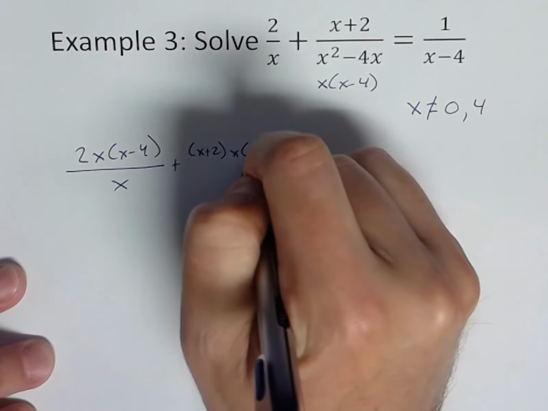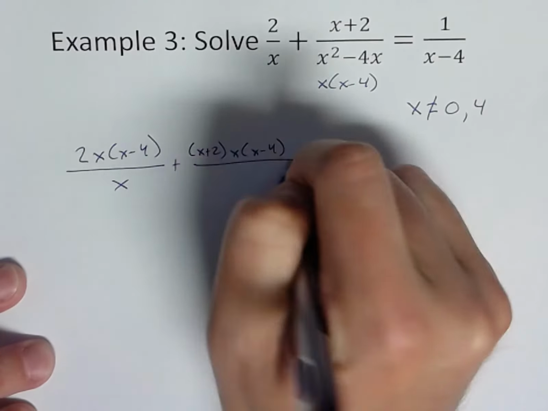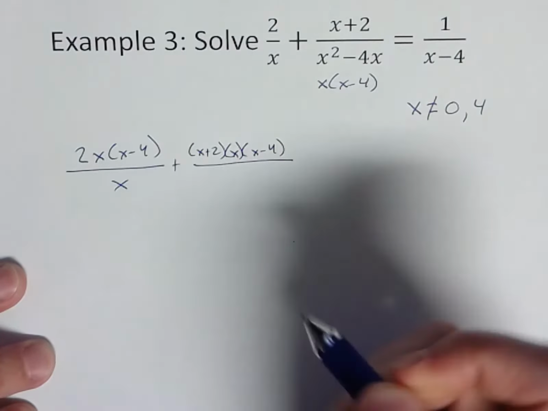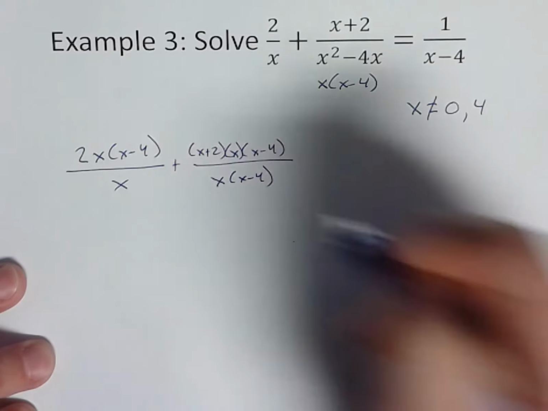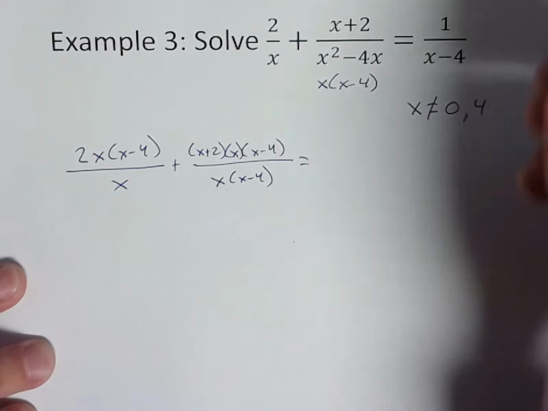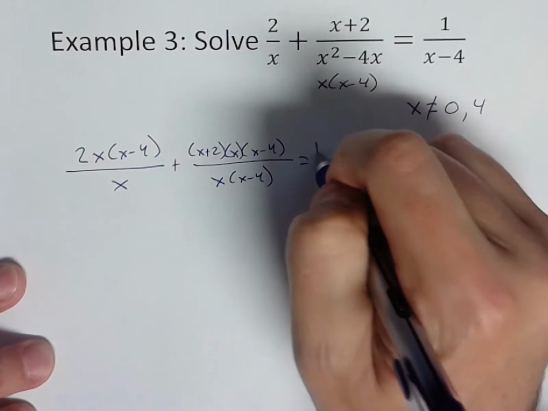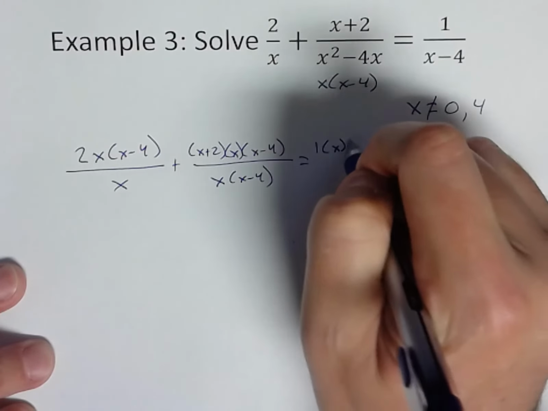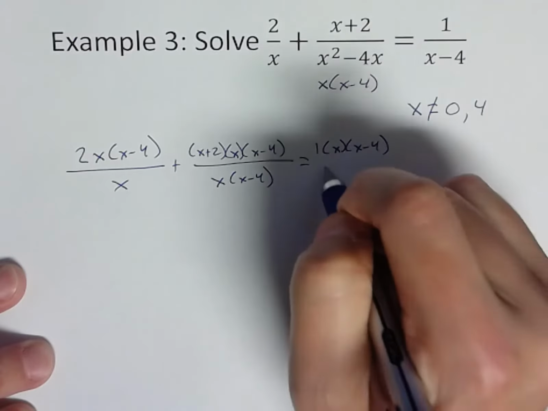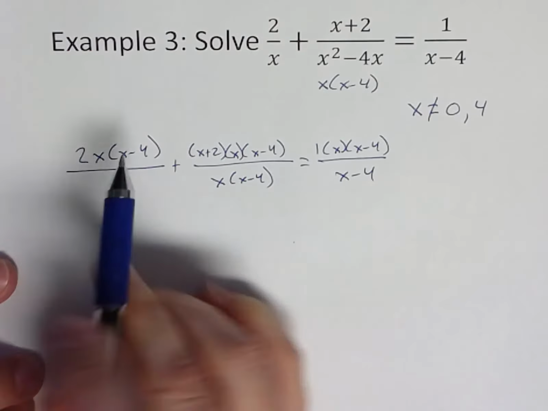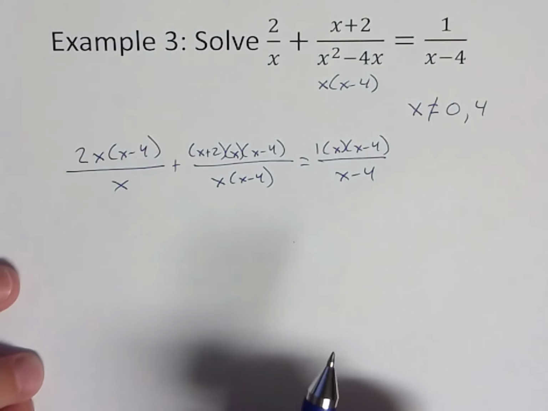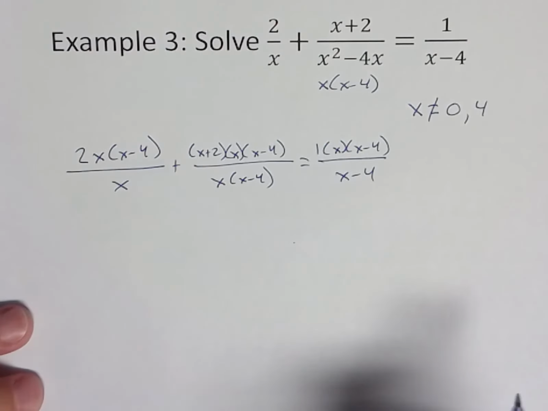So x times x minus 4. Maybe I'll put that in parentheses so it doesn't look like multiplication. X times x minus 4 equals, and then same thing. No, 1's not really going to change anything, but I'll show it. X times x minus 4 all over x minus 4. So we just multiplied that through the whole thing, multiplied it by both sides. That's why it's legal algebraically.